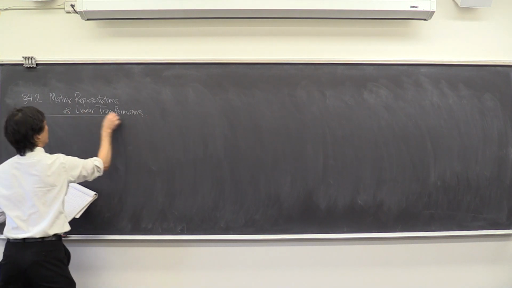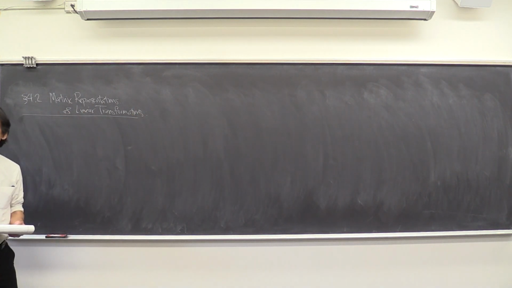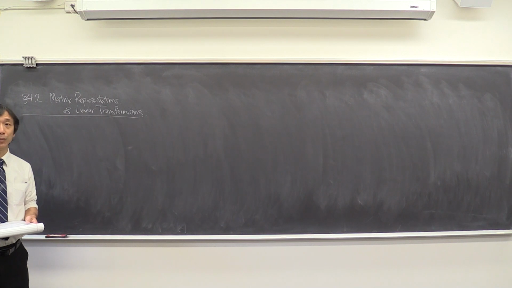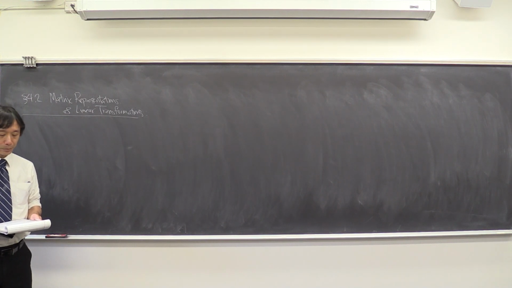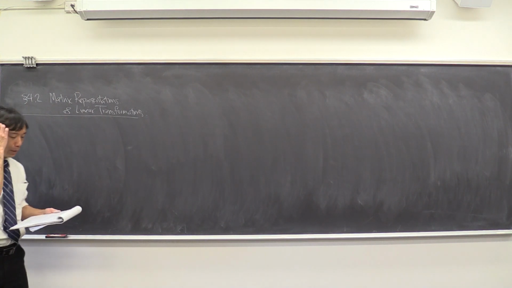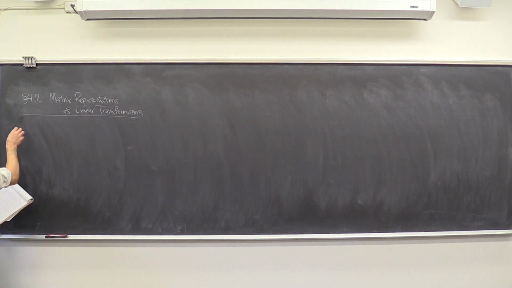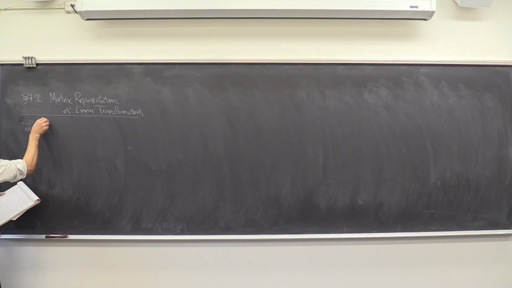This is that idea that every linear transformation can be associated with a matrix. The first thing we're going to do is to consider linear transformations from Rn to Rm.